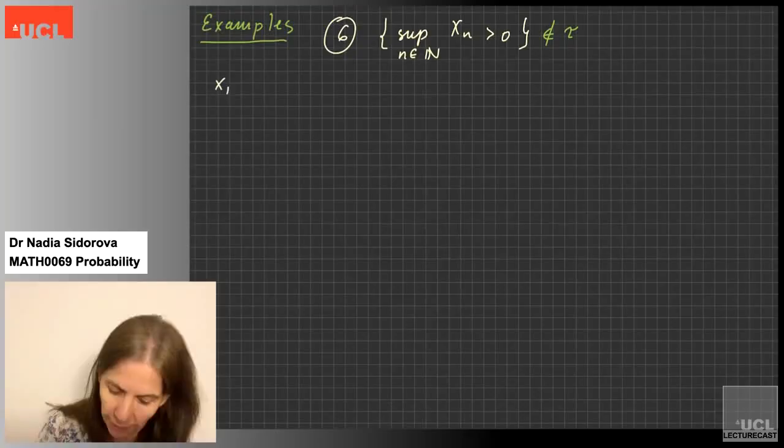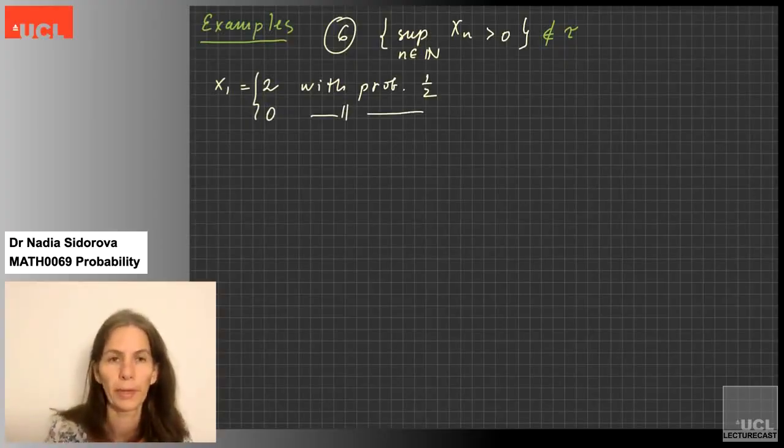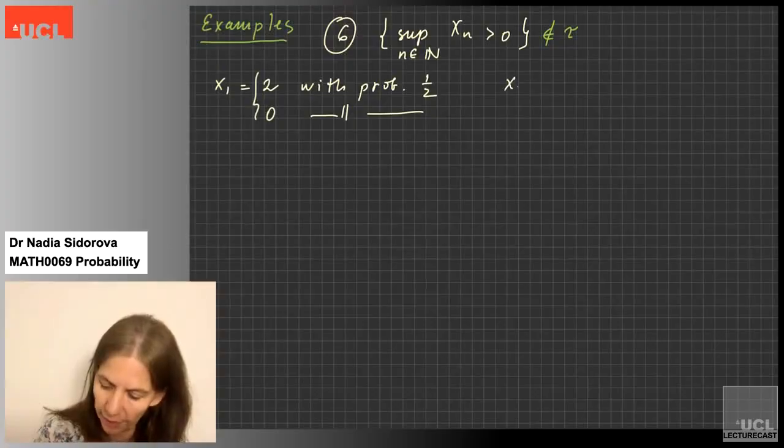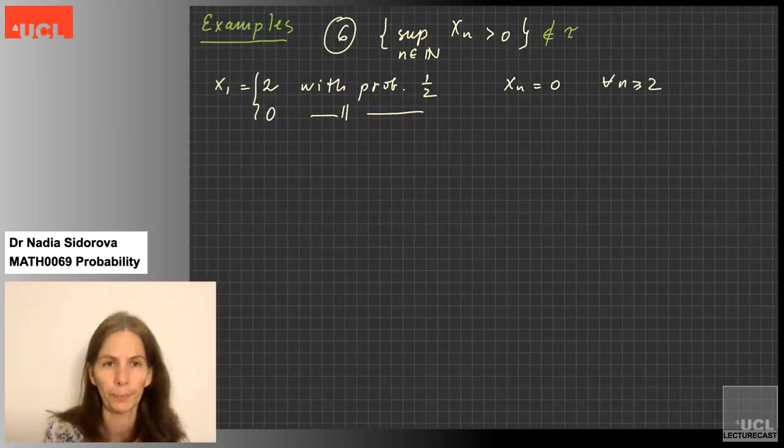I will define x1 as a random variable such that it takes two values, 2 with probability 1/2 and 0 with probability 1/2 also. And all other random variables will simply be 0 for all n greater or equal than 2.